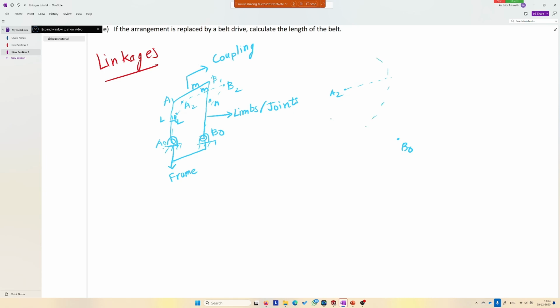We make a circle of radius M, and from B0 I make another circle of radius N, and the point they intersect will be the new B2 point. You can see these circles have two intersecting points, but it's quite easy to guess that this B1 is going to go here and not there, right?